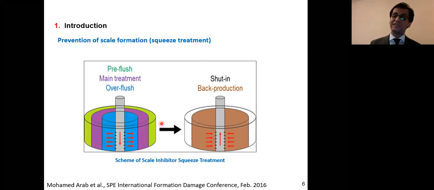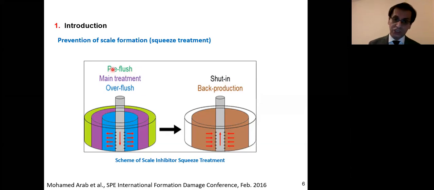One of the most economical and common methods in the oil industry is scale inhibitor squeeze treatment. As you can see in the figure, it comprises five stages: pre-flush, main treatment, overflush, shut-in, and back production.